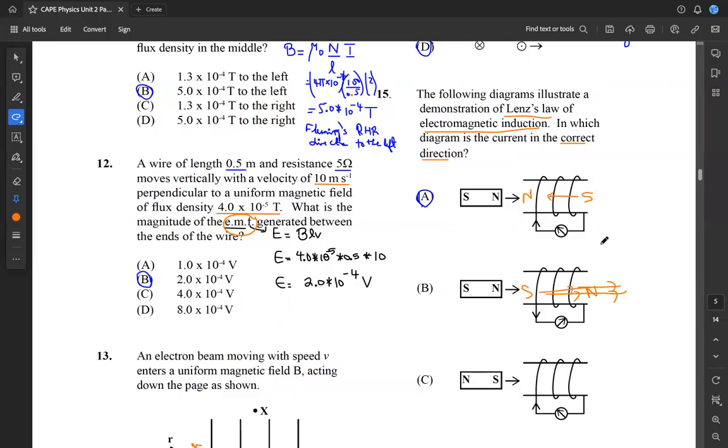And when I curl the fingers of my right hand around that solenoid, what I get is that my field is pointing here when the current is like this. And as we see on the galvanometer, it's pointing this way, which would indicate that the current is going opposite of this direction here to then generate that repulsion that's needed to be in alignment with Lenz's law.